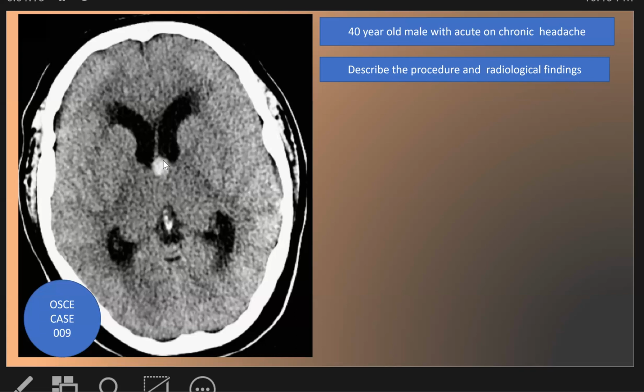So, a hyperdense mass centered at the foramen of Monro with hydrocephalus and transependymal CSF leak. The third question: what are the differential diagnoses of this patient?